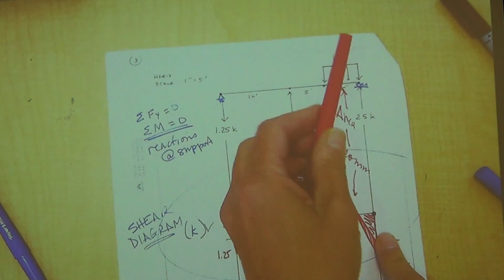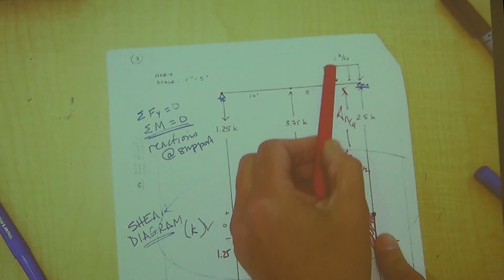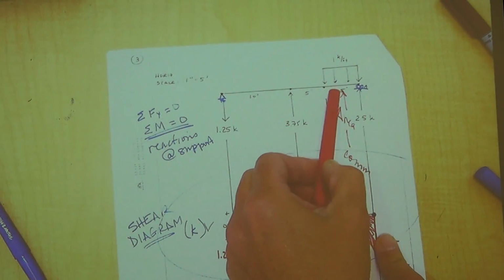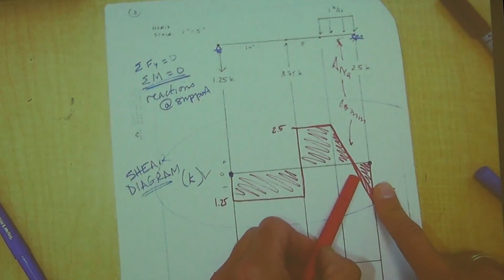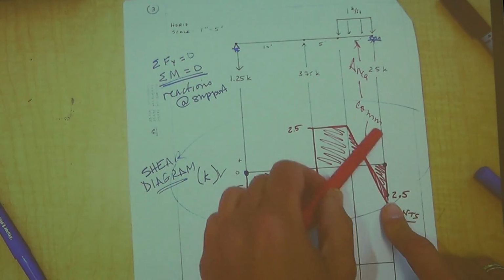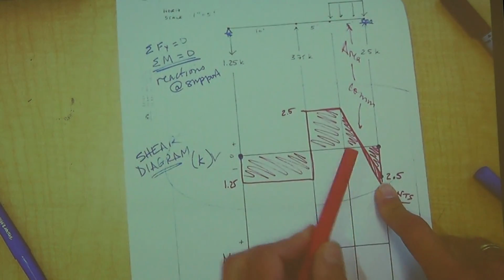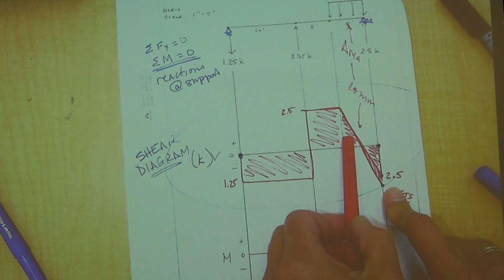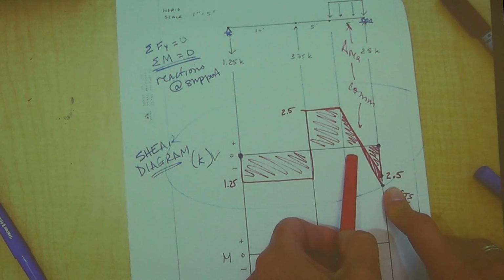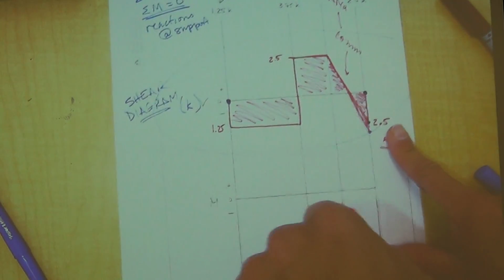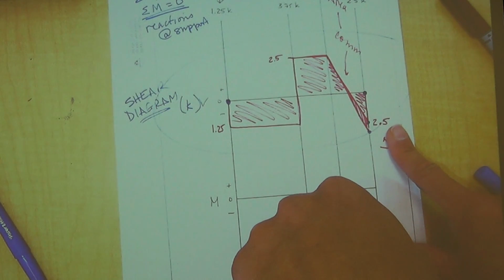Okay, so let's go up here. The area here is 1 kip per foot times the distance, which gives me a force. This y direction is my force. I have to have 5. If I calculate the area here, I'm multiplying force times distance, which is a moment, and so the area here will tell me what to do in the moment diagram.